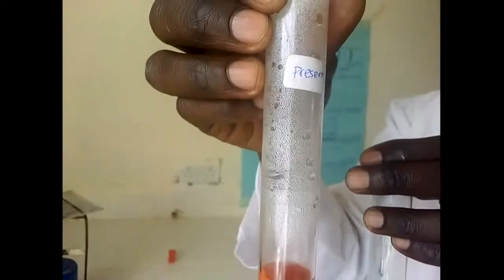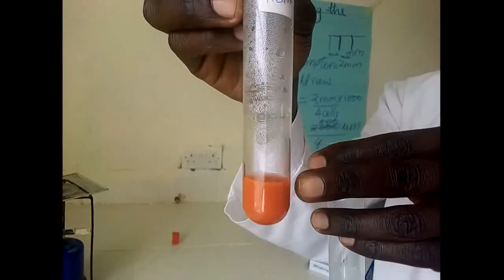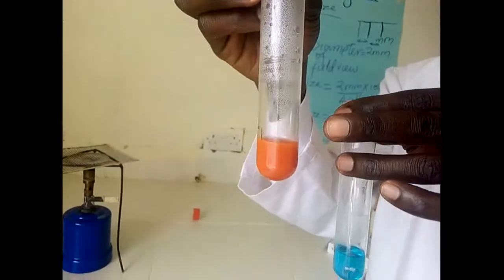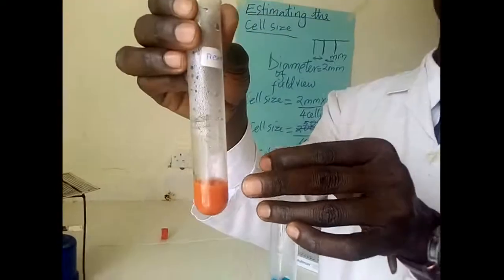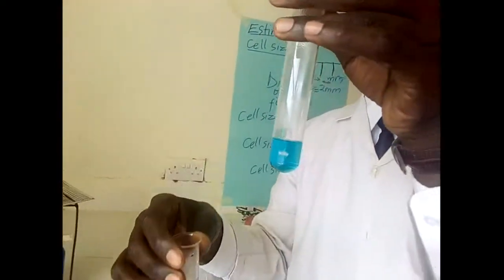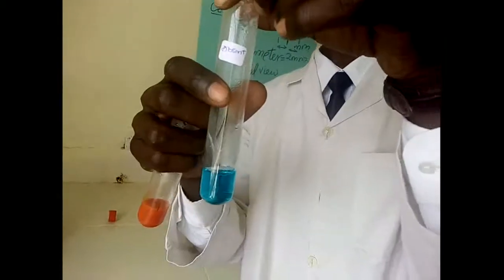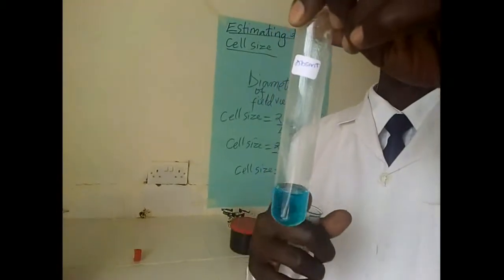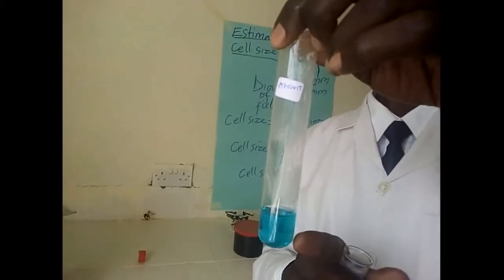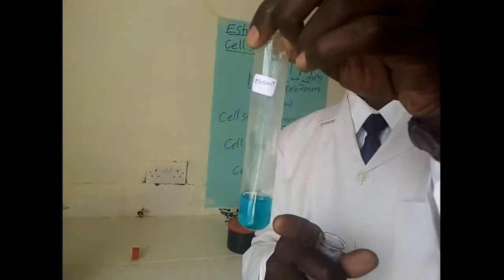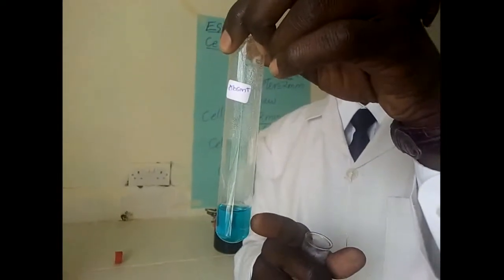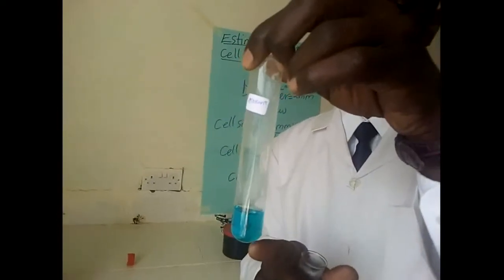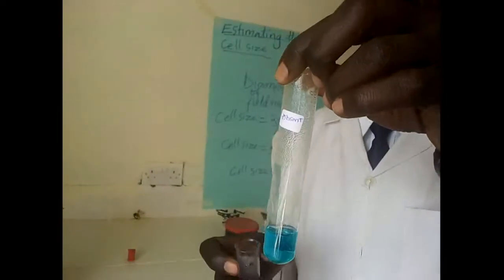And for the positive result, the color should change to green, yellow, orange, and finally brown, the way this one has changed. While on the other hand, I'm having another one on my left hand here, whereby the blue color persisted. So the conclusion should be the blue color persists, or else you can say that the blue color remains.